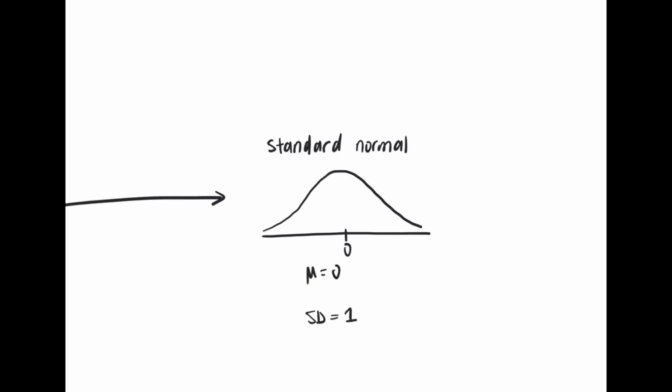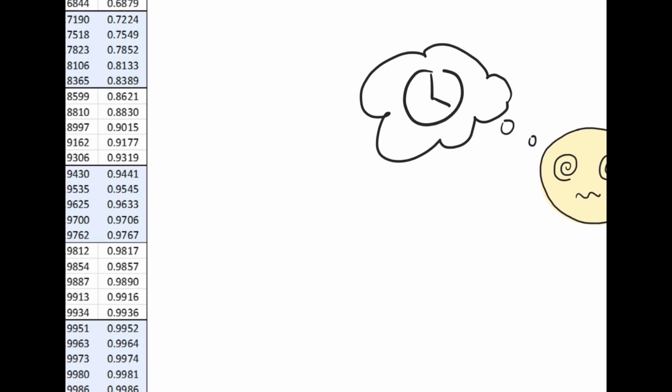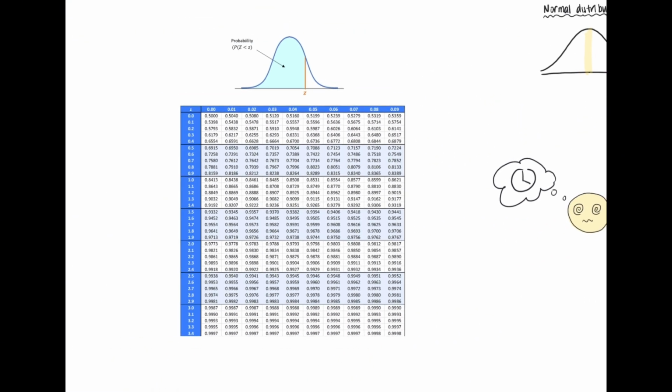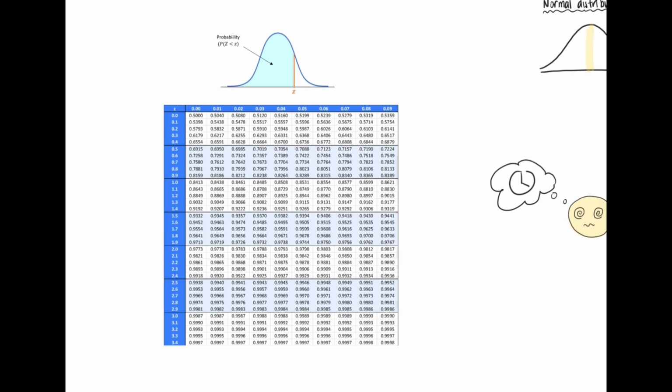Because the standard normal distribution is widely used, a table of its values has been developed to simplify the probability calculations. You may be wondering, since the standard normal distribution has a mean of 0 and a standard deviation of 1, how can we use its table for other normal distributions with different values?